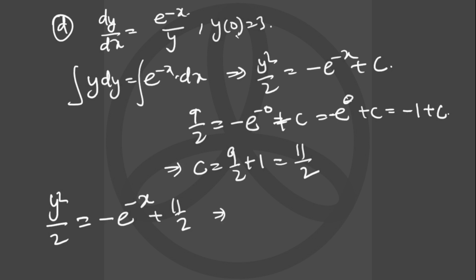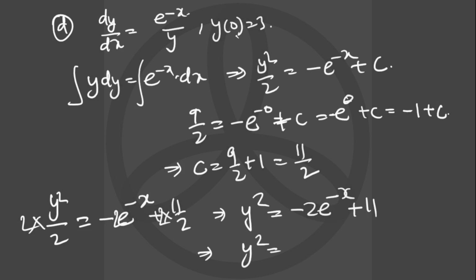If I multiply the entire expression with 2, we will get 2 here and 2 here and 2 here, and this will then become y squared is equal to minus 2 e to the power minus x plus 11, and this will give us y squared is equal to 11 minus 2 e to the power minus x. And this is the answer for this.